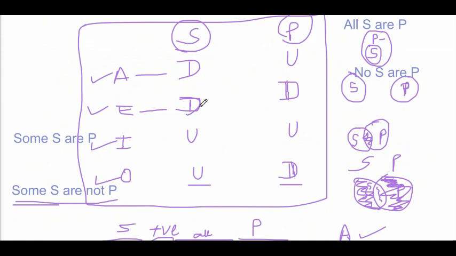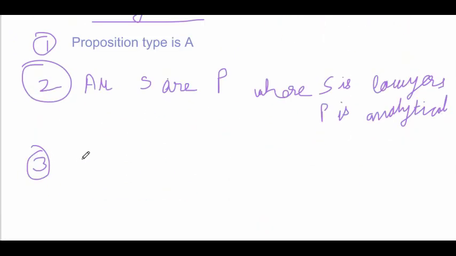We can remember it by D, U, U, D, D, D, U, U, if you just want to use a shortcut table.